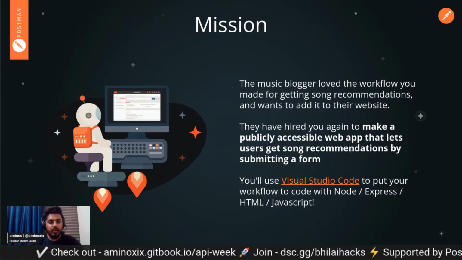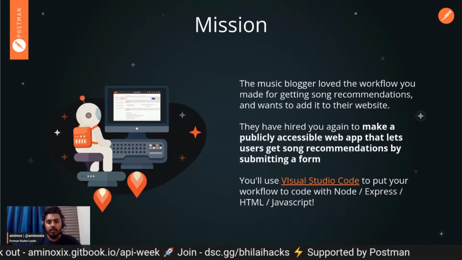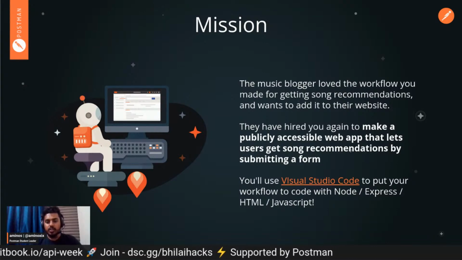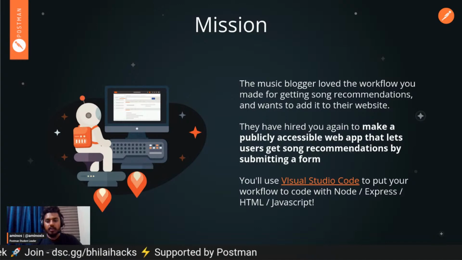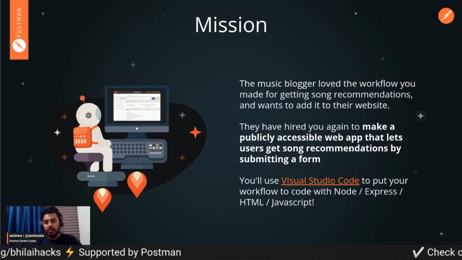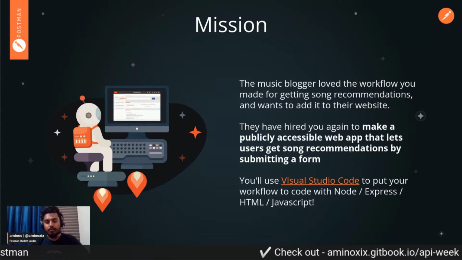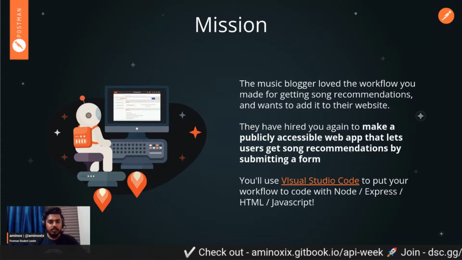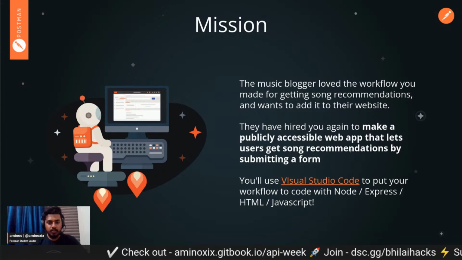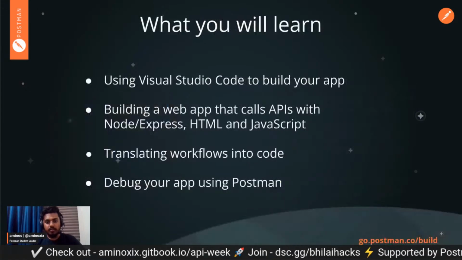The form is an HTML form we are going to build, and we are using Visual Studio Code for it. Not only Visual Studio Code, we are using a lot of technology, as you can see: Node, Express, HTML, and JavaScript. Let me walk you through that.